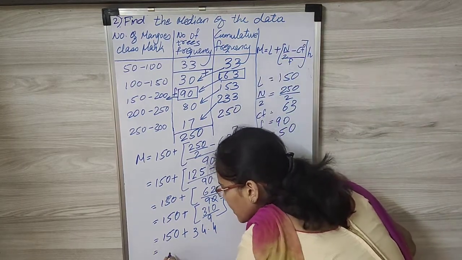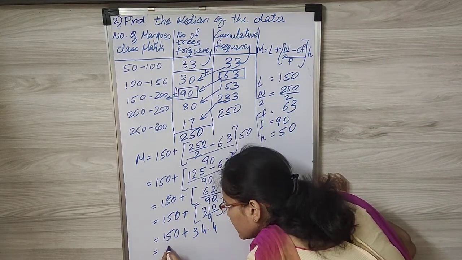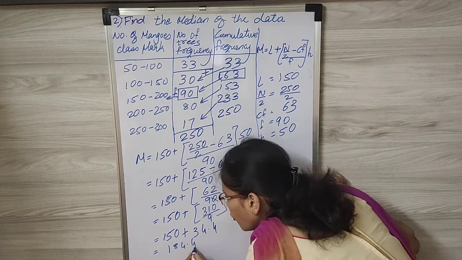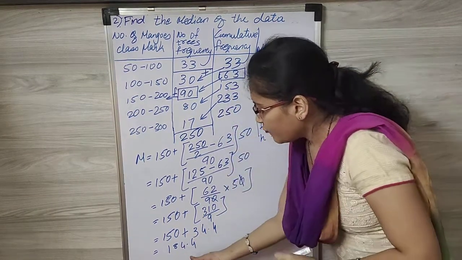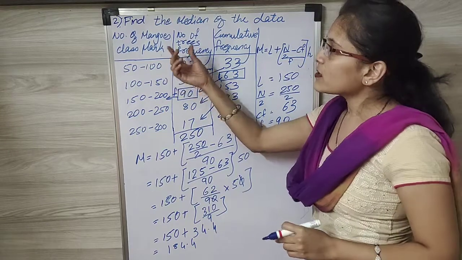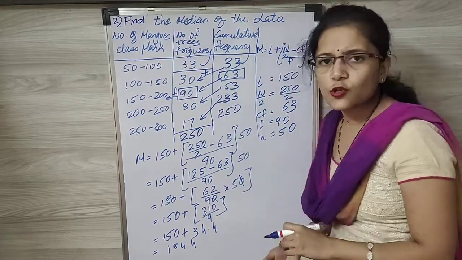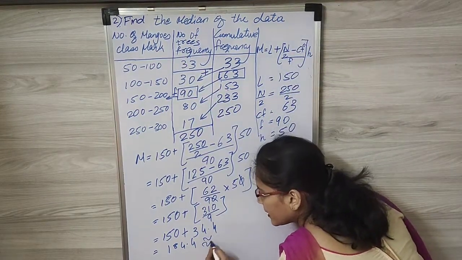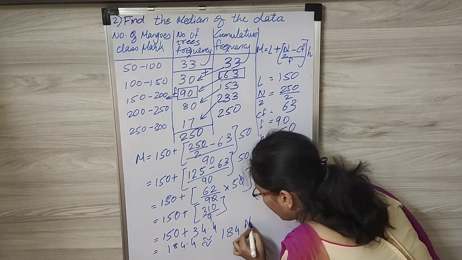Now you have to add these numbers, which gives 184.4. This is the number of mangoes. Now how can you write it in point mangoes? No, so you can write approximately 184 mangoes.